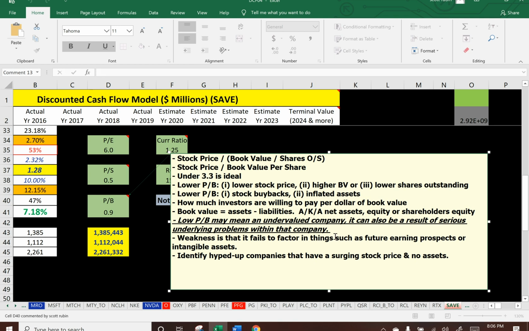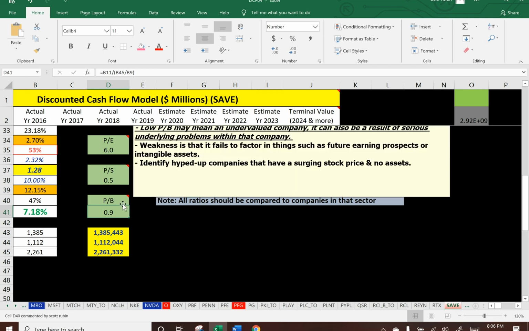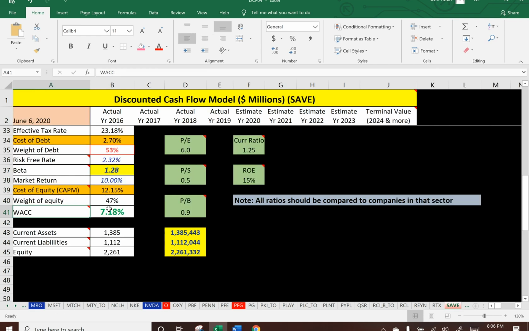I think there's a lot of serious problems with the airline industry, with business now, and oil prices really low. I think they're going to really struggle unless people start flying again like they used to, and that could take possibly a few years. So the reason these ratios are so low and they look so attractive is because the stock price has been cut in half or more.